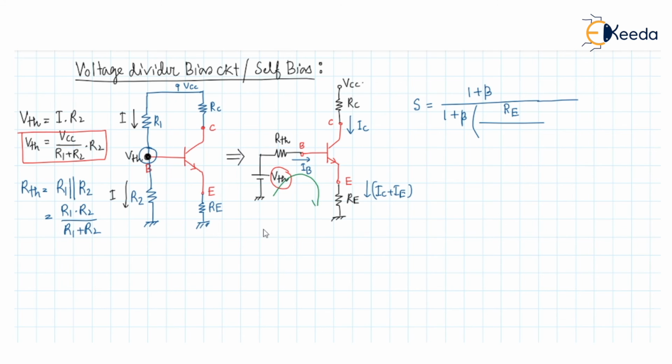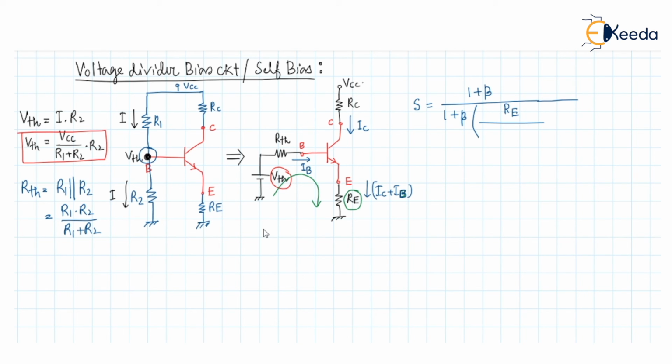So in this input circuit, only the RE resistor is there through which the current is flowing. So this is the RE.